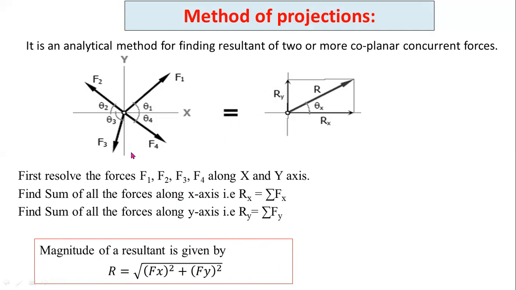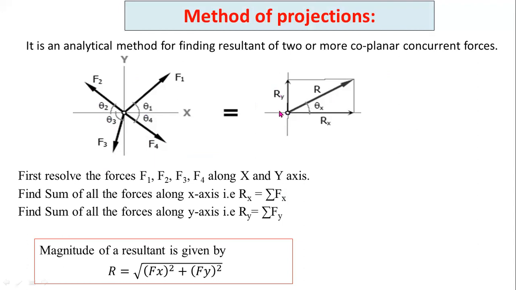Here you can observe I converted these four forces into a horizontal force and a vertical force. Rx equals the sum of all horizontal forces, Ry means the sum of all vertical forces. I converted these four forces into two forces, x and y force.